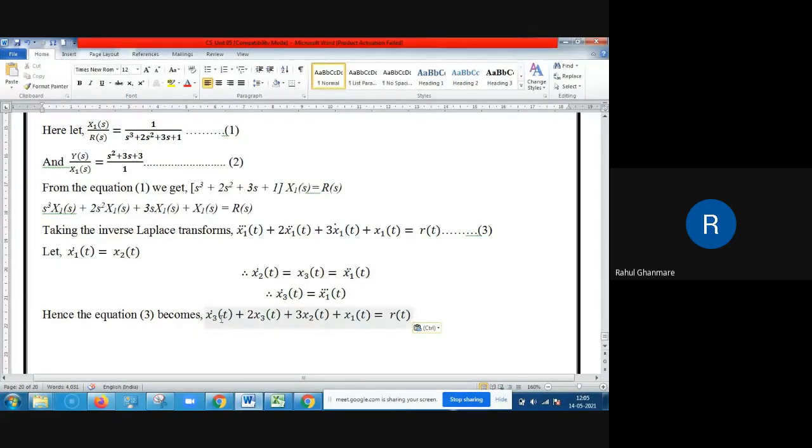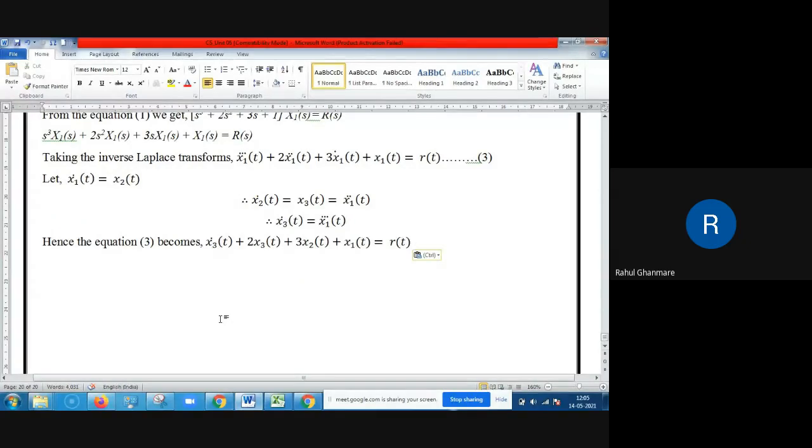Now you need to rearrange this equation. We require the system variables on one side of the equation. So we can rewrite this equation in the form of x3 dot equals, arranged in x1, x2, x3 form.